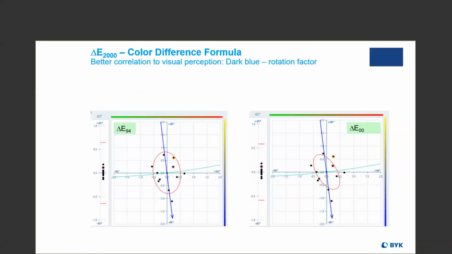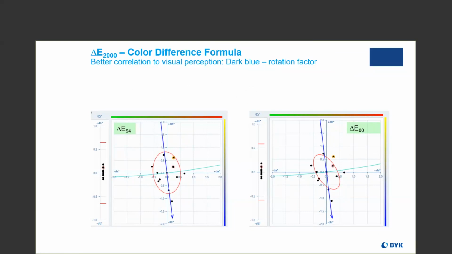And so you can see here a standard versus a bunch of samples under DeltaE 94 versus DeltaE 2000. With DeltaE 94, you have that ellipse, which is oriented straight towards the center of LAB space. And based on that tolerance ellipse, we can see that most of these samples are intolerant, according to the DeltaE 94 equation.